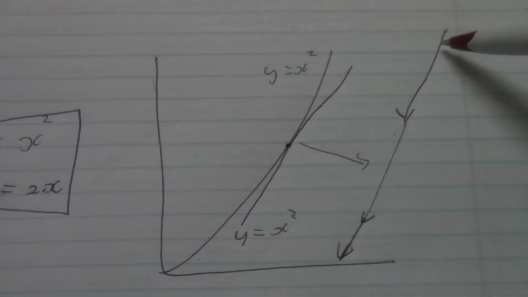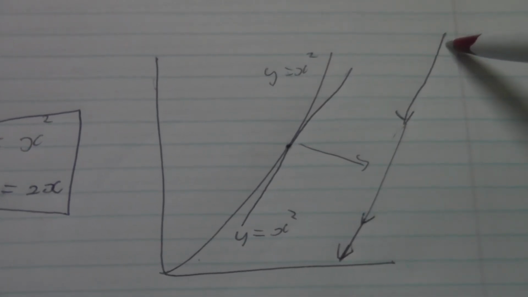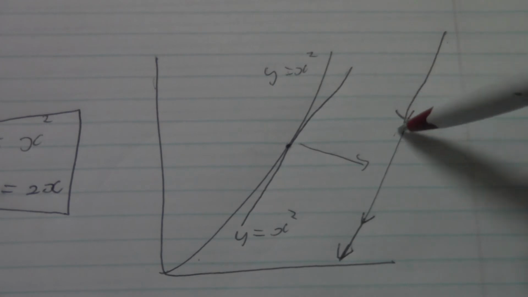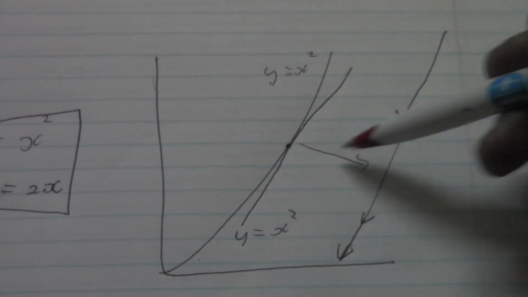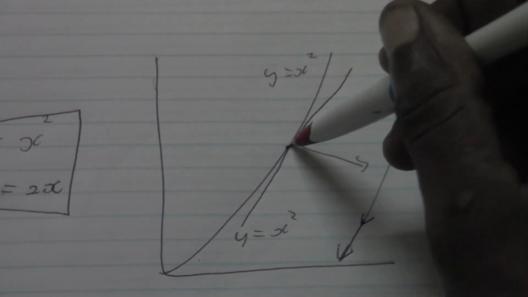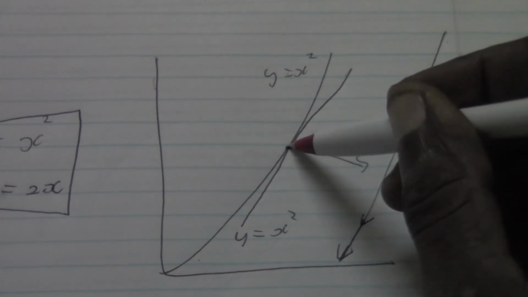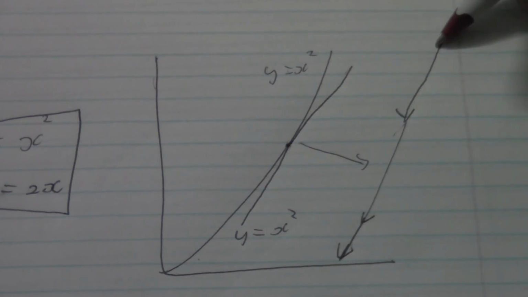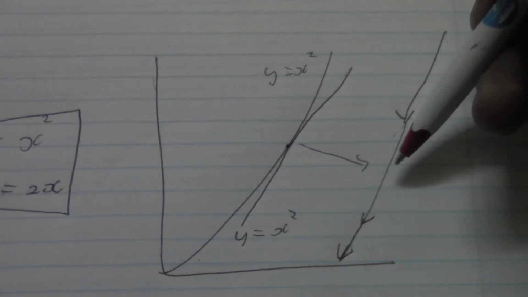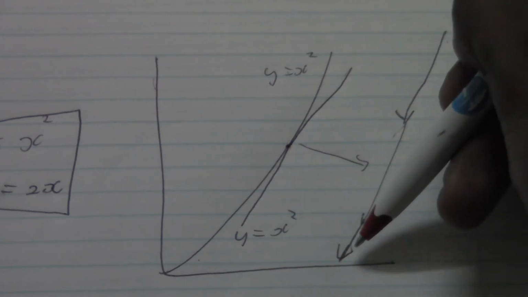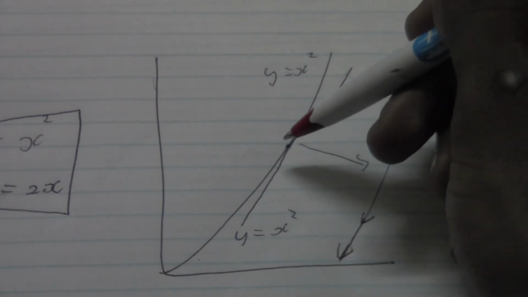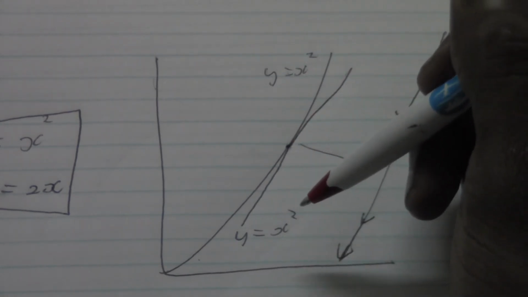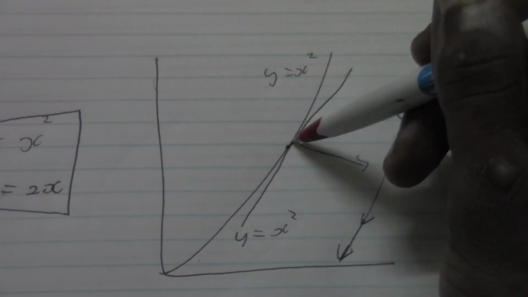So if I want to know the gradient of a line that passes through this point, I just have to find the gradient at this point, and that will be the gradient of the line, because the line is in line with the expansion of this dot.